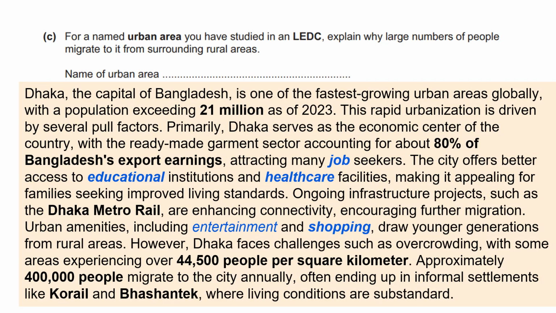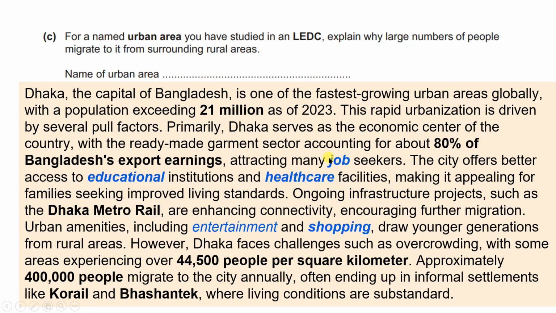When you answer a case study, always try to bring in place-specific references and use statistics, and you can name one project or something within the area that is related to the case study. So here, if you see, I mentioned Dhaka Metro Line, which enhances connectivity. 80% of Bangladesh export earnings. I mentioned 21 million as of 2023. So this is a sample answer that will give you your full 7 marks.